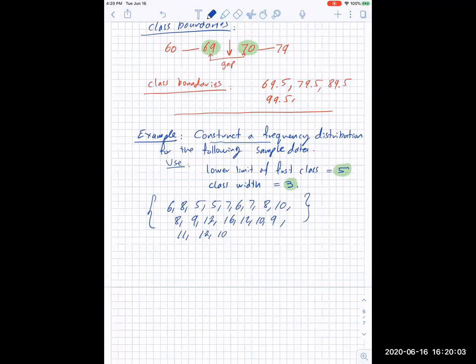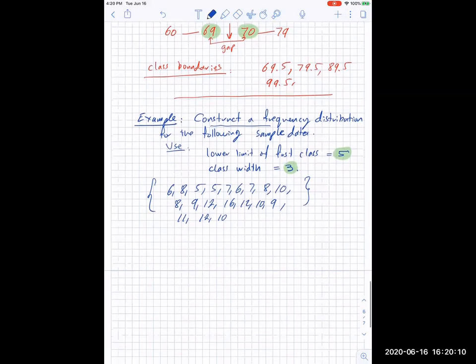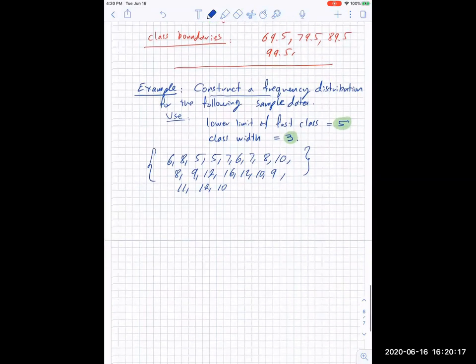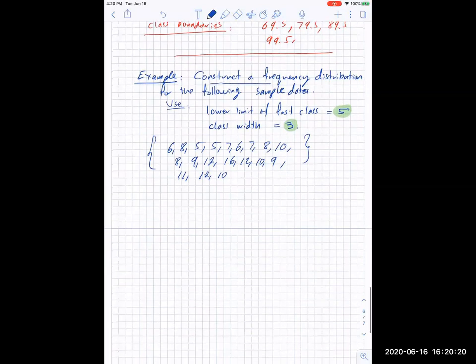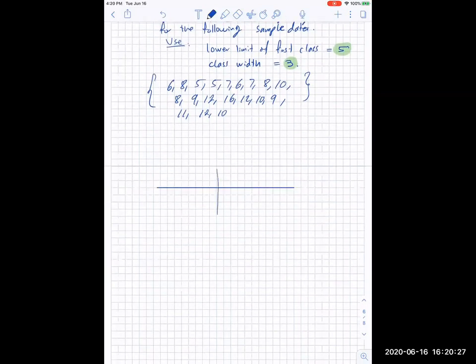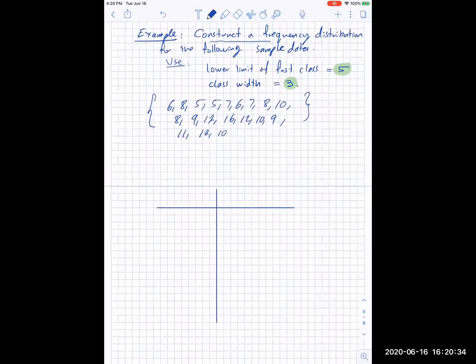So guys, this is our data set. We're going to convert it to a table with these guidelines: the lower limit of the first class is 5, the class width is 3. So this is what I'm going to do.